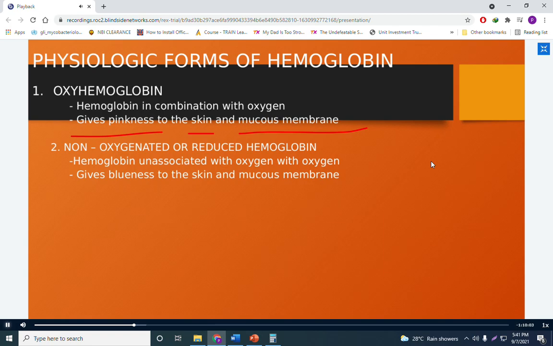Tingnan nyo yung eye bags ng classmates nyo if you're able to see them. Dark, black. Okay, meron tayong we call bluish black. So, if makikita nyo yung eye bags ko, class, yan. Yan nangyayari kapag puyat ka and you have lack of oxygen sometimes.